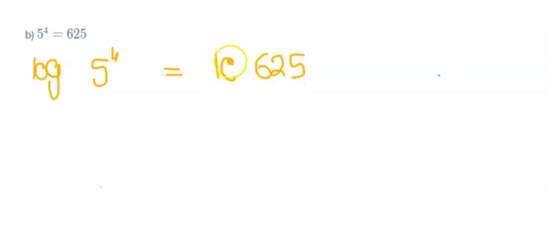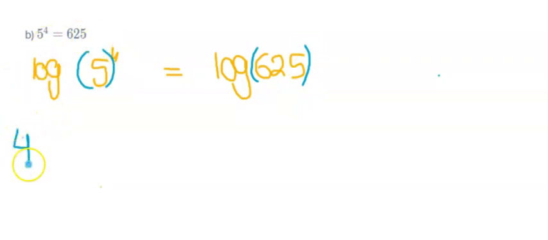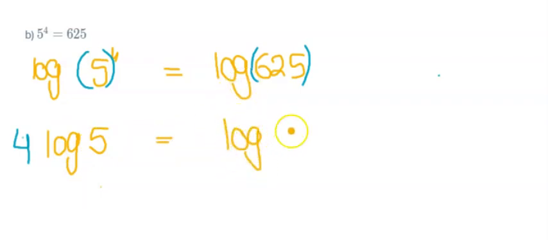So log on this side and log on the other side. According to the rule, that 4 should come forward. So I bring the 4 down and then I have log 5 equals log 625.